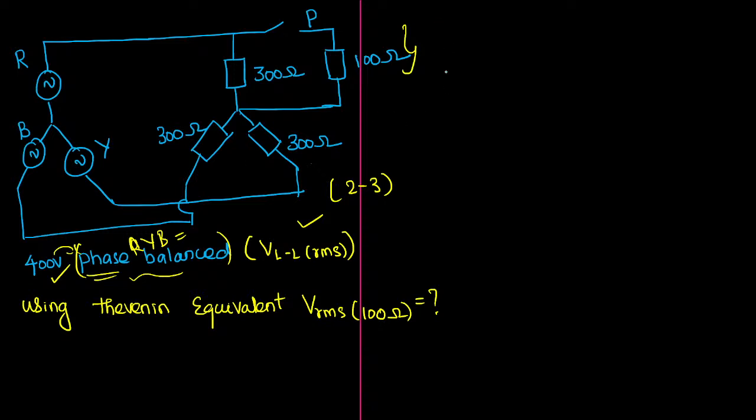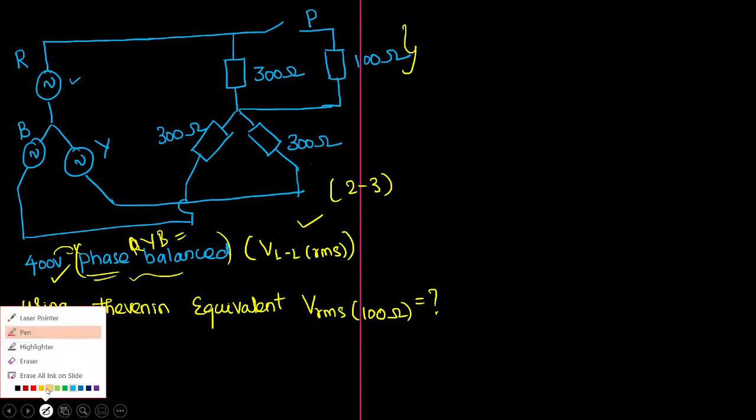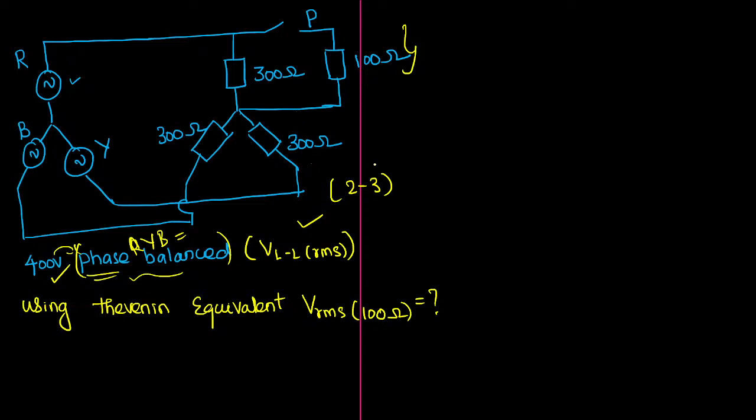Okay, let us see. Now here, basically we have three phases RYB connected with the star connection. If you observe, both are in star connection. Nothing else is there. Just go with the normal Thevenin analysis. You don't need to do any complicated circuits.